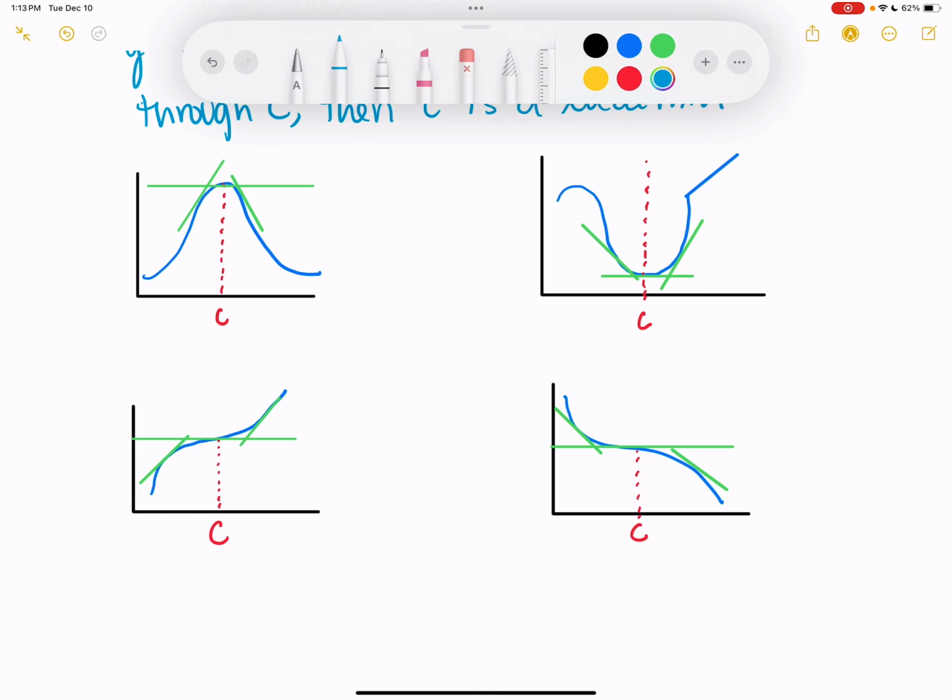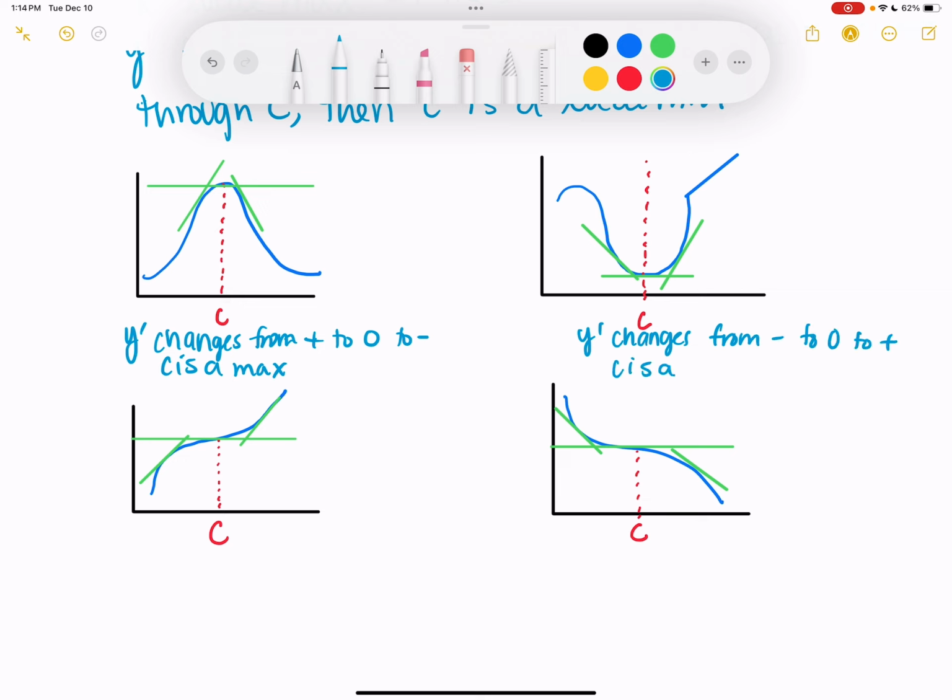Alrighty. Underneath this first one, y prime changes from positive to 0 to negative, so C is a max. This next one, y prime changes from negative to 0 to positive, so C is a min.